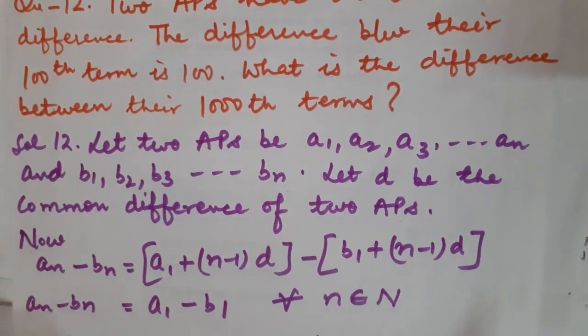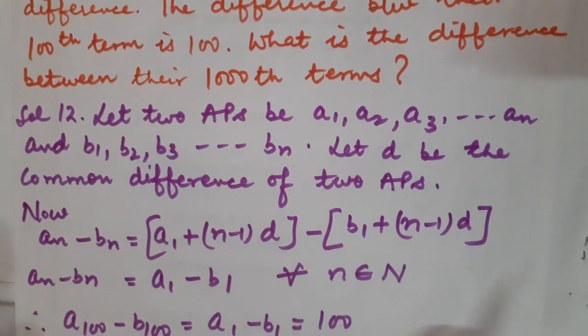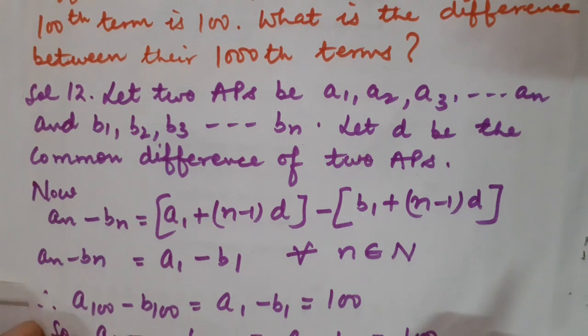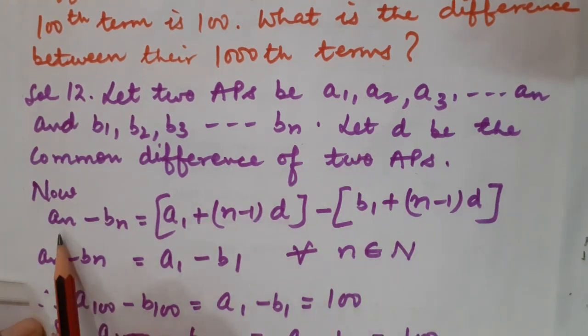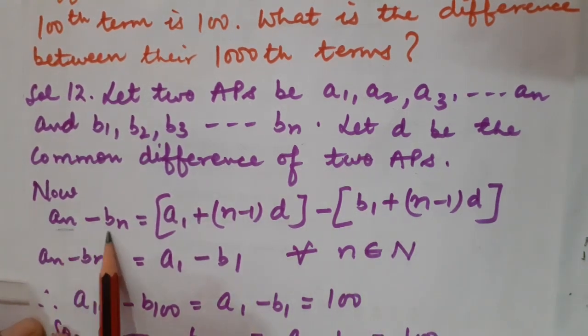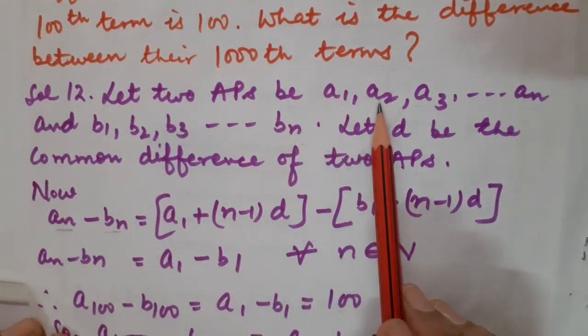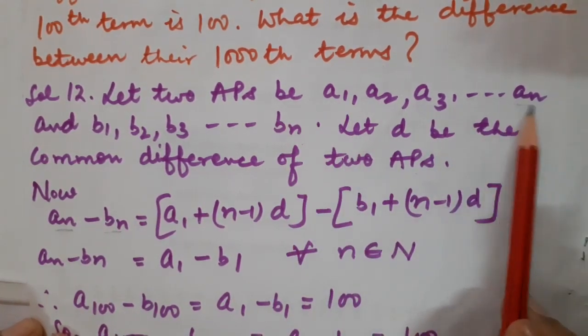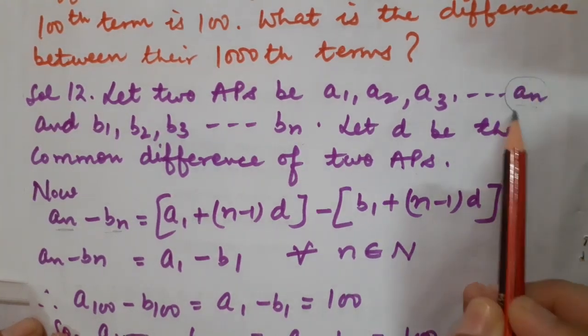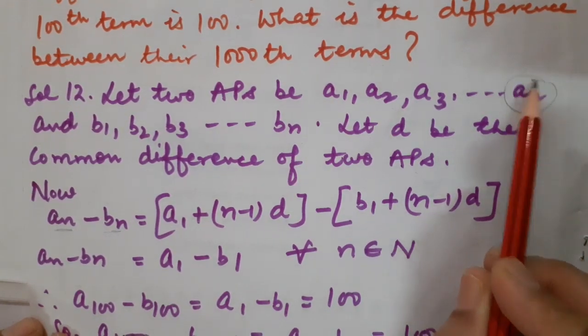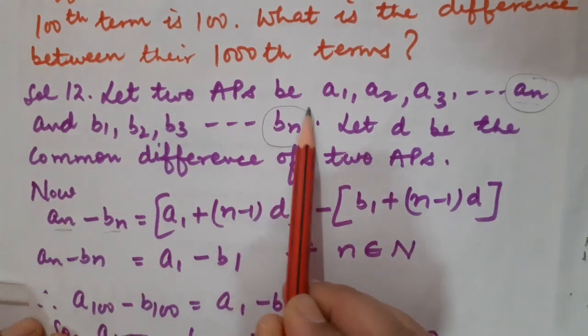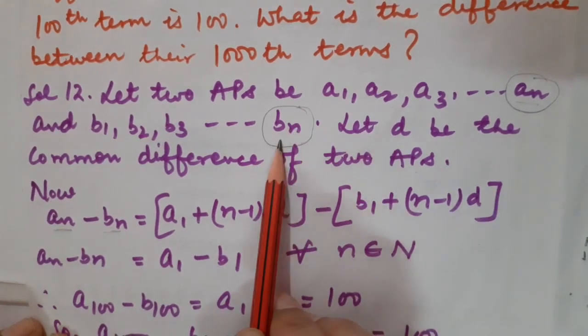As I told you, these are the problems which are basically based on nth term of AP. So first of all, I am going to calculate the nth term of both the APs. As the first AP starts from A1, A2, A3 and goes up to AN, definitely AN will be known as the nth term of first AP and BN will be known as the nth term of second AP.